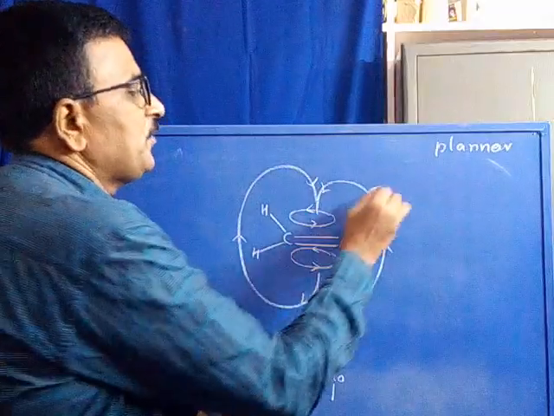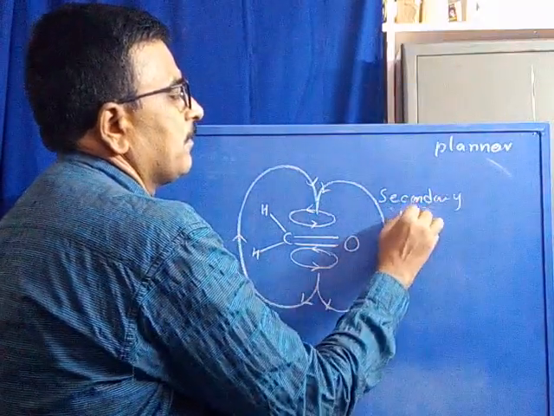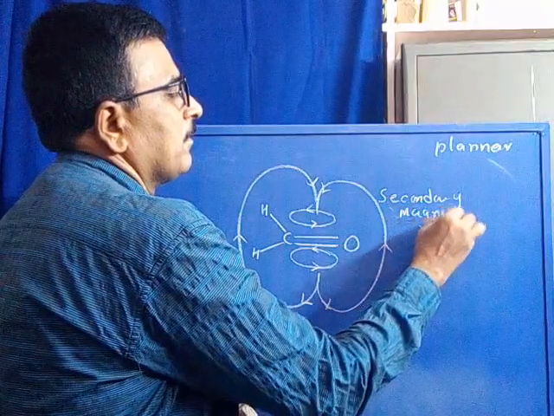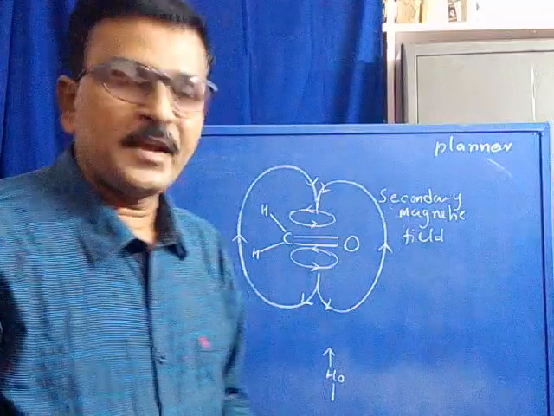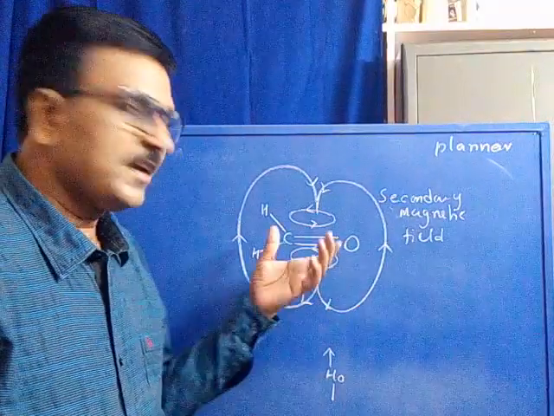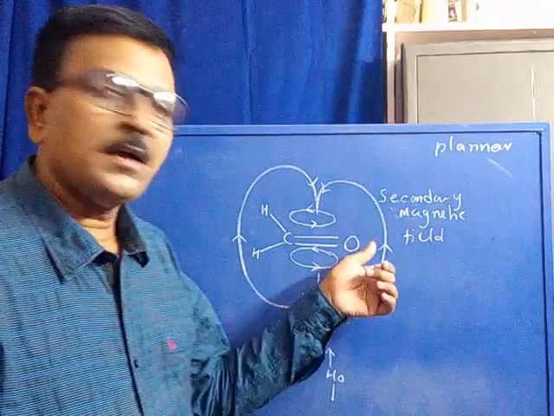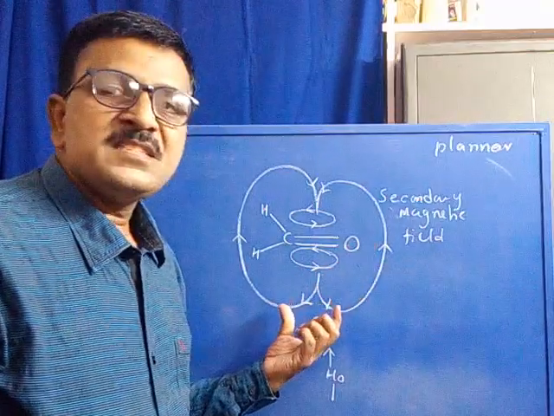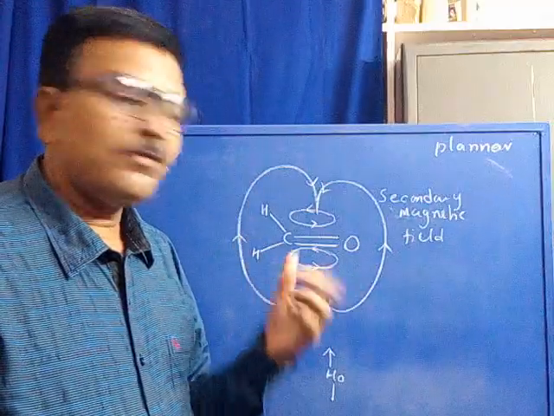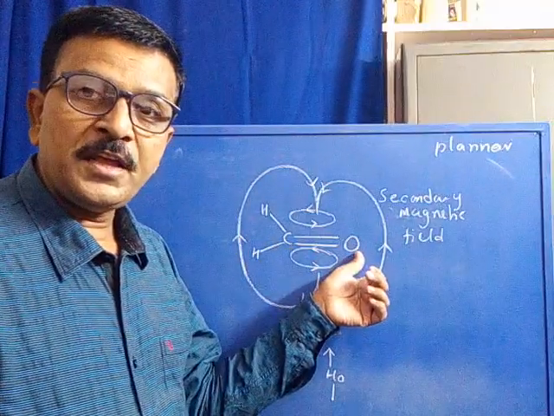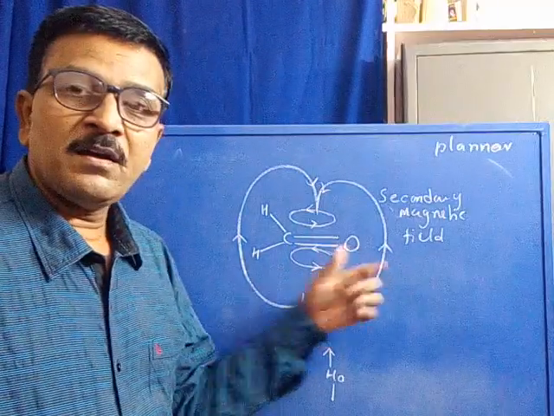Now this is the secondary magnetic field. A secondary magnetic field is produced of two types, diamagnetic and also paramagnetic. The secondary magnetic field is diamagnetic exactly at the center of the carbon and oxygen nuclei, and it is paramagnetic outside the carbon and oxygen.